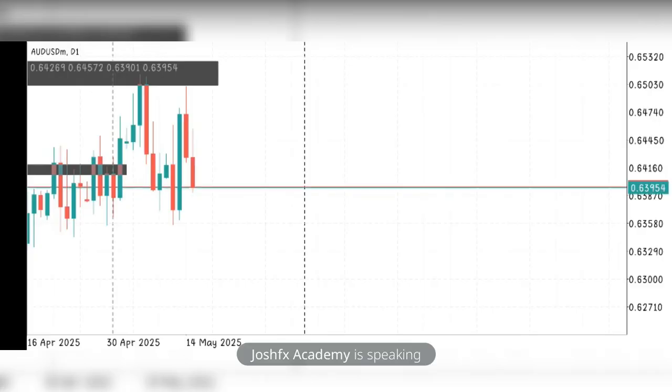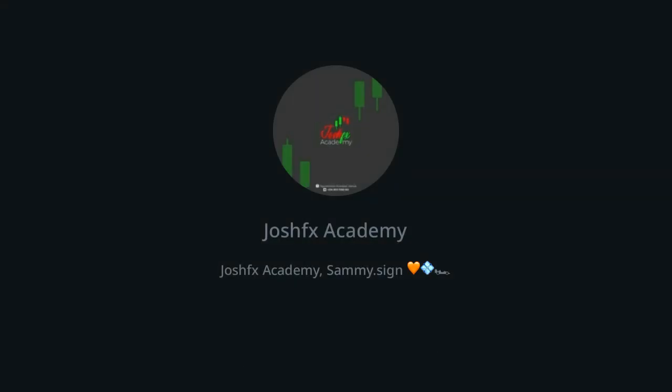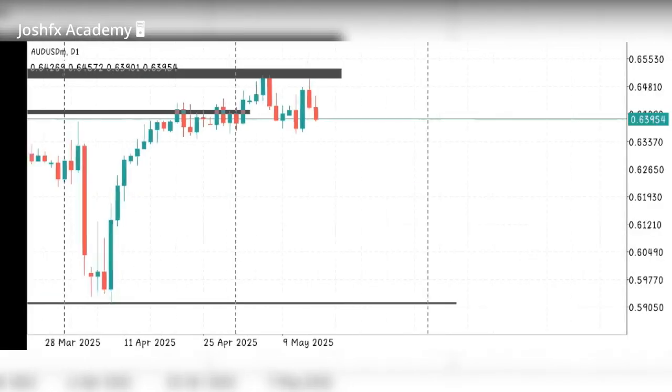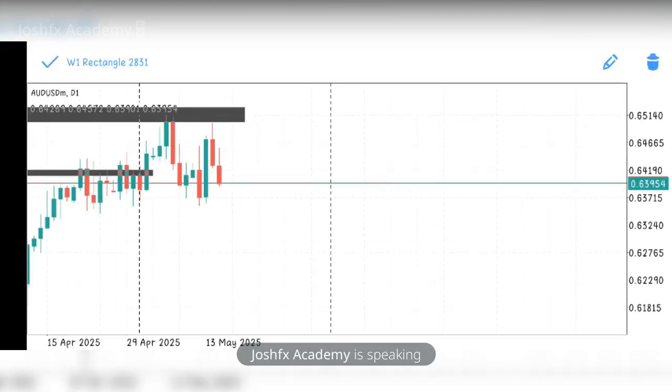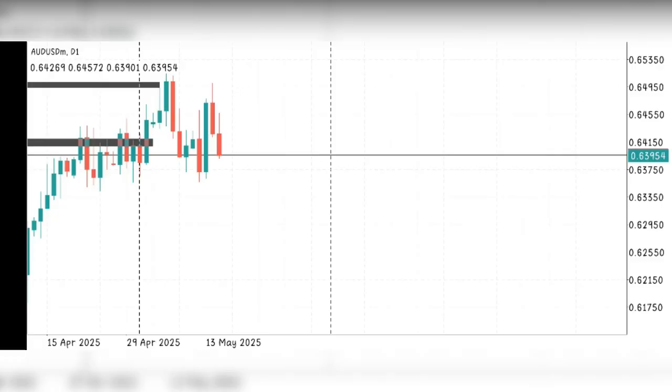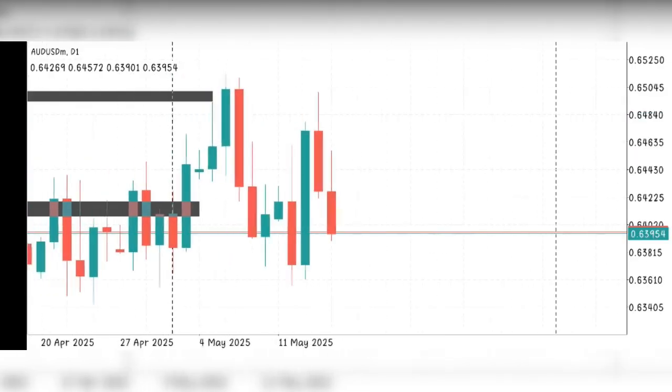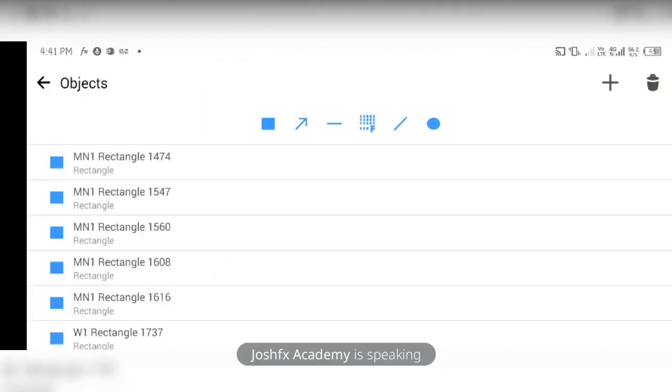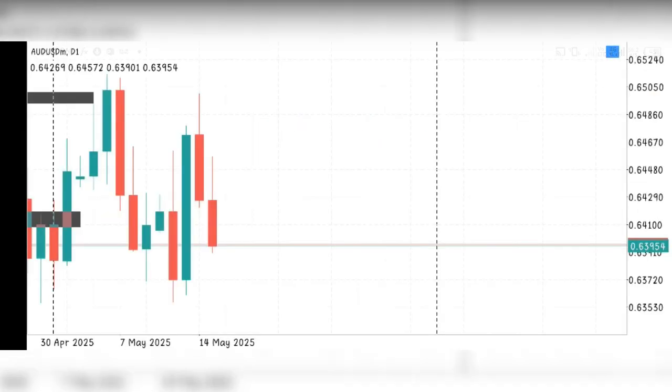So on our daily time frame, I saw many things which indicate to me that this particular movement is set to start going down. Now we had a break of structure here. We saw liquidity being raided.